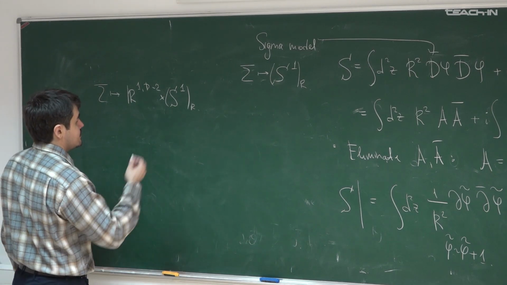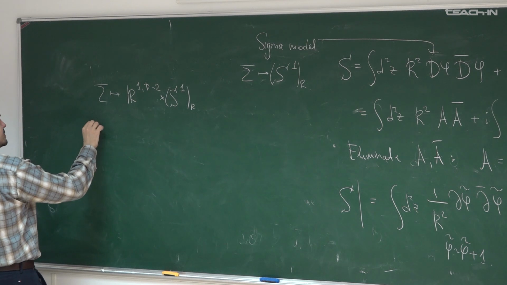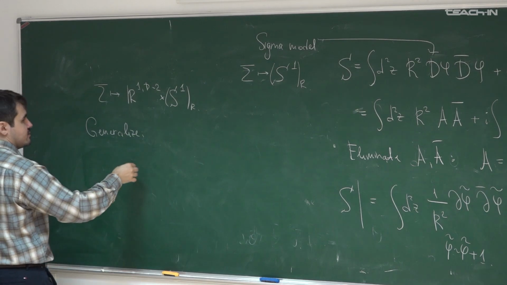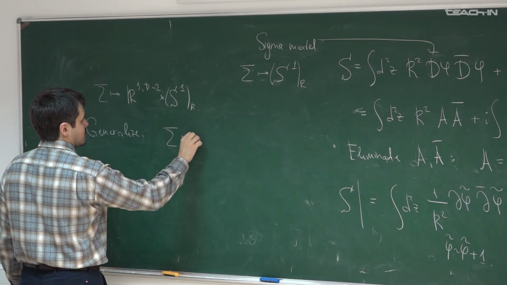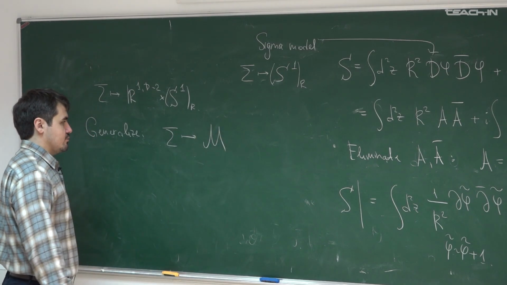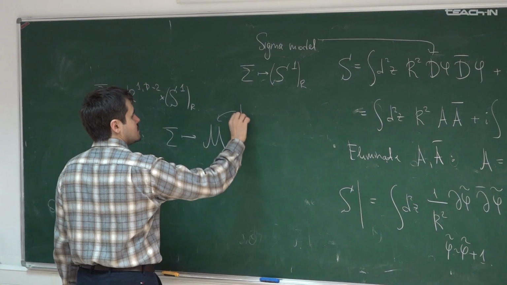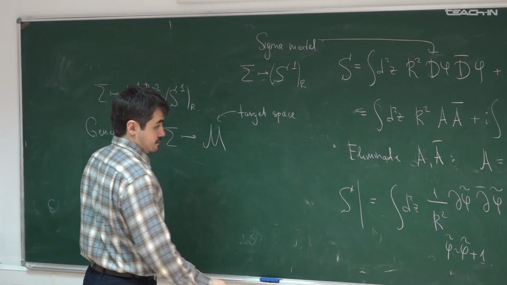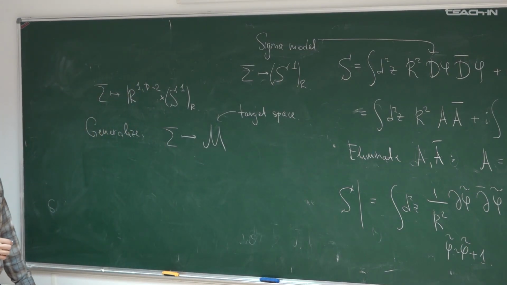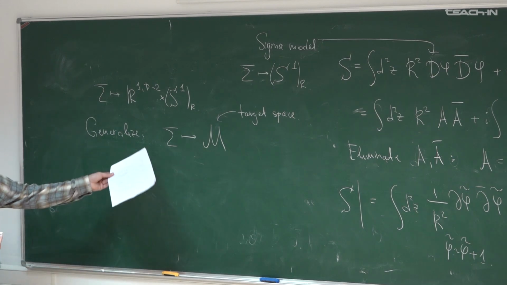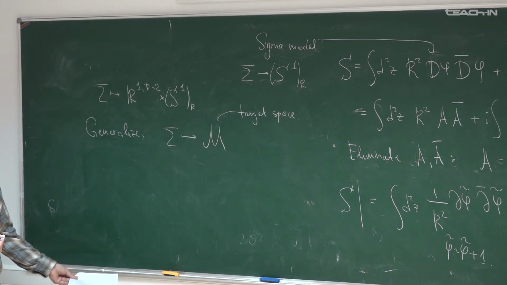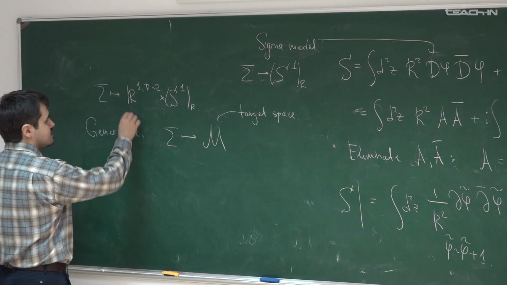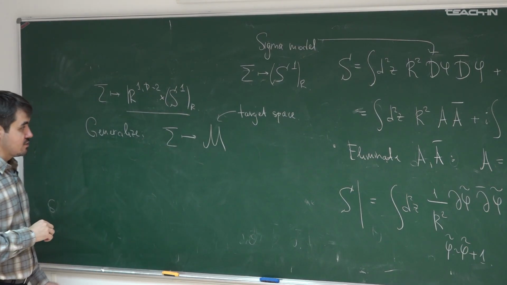So this can be generalized to maps from sigma to some general manifold M called target space. And this is actually useful also in the string theoretic framework. That means that the string is propagating in some space M with some possibly non-trivial metric, curved space, and so on. So we don't necessarily have to consider flat target space, but we can consider curved target space.